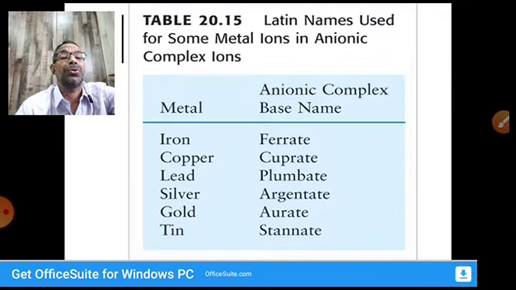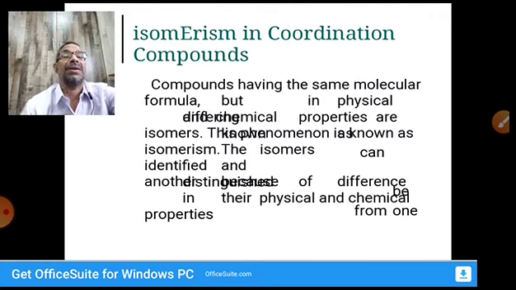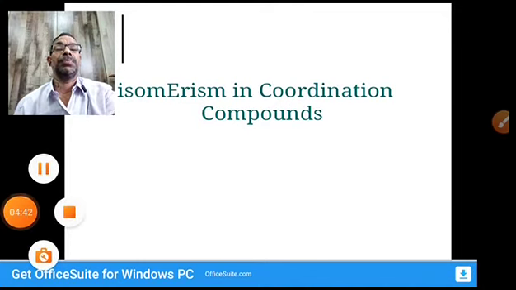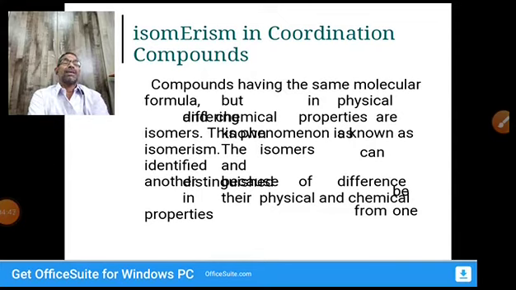I am going to today's slides. These are the different slides where all these things are discussed. This is isomerism in coordination compounds, today's chapter.